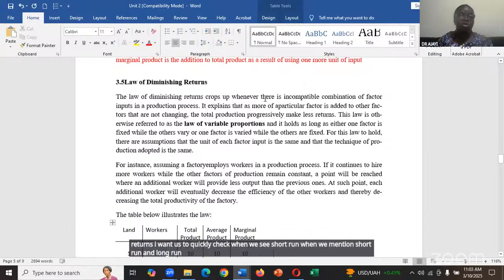Oh God, why is this network fluctuating?